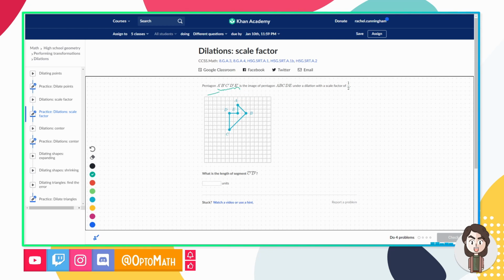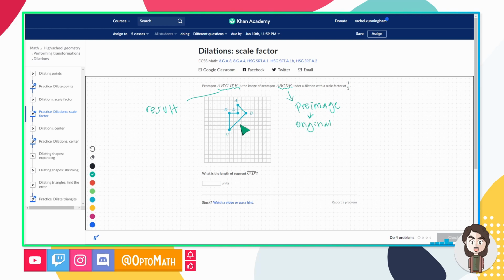I like to call it maybe the result, in case you struggle with the words image and pre-image. And this is the pre-image, the thing we start with. I'm writing pre-image as well because the sentence doesn't say that. This is like the original.